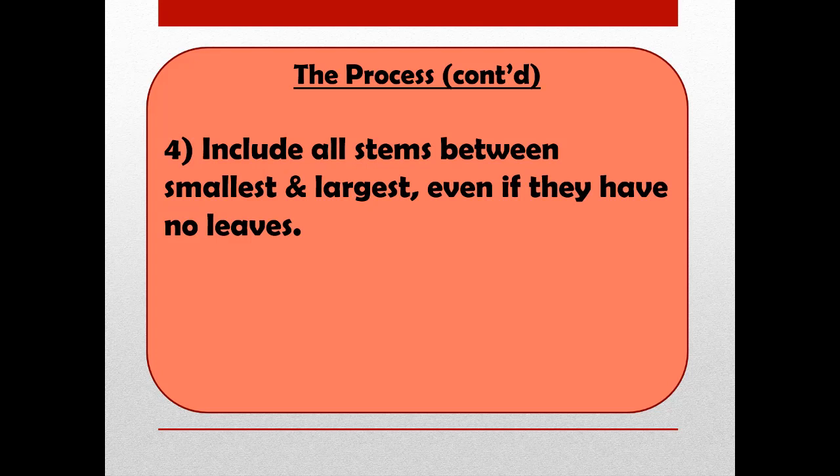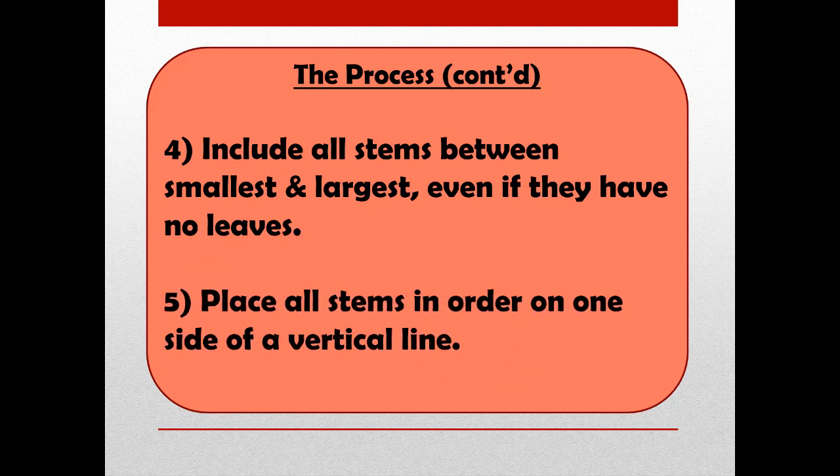All of those numbers, so 11, 12, 13, 14, 15, 16, 17, 18, 19, 20, 21, 22, 23, 24, regardless of whether there's any data values that have those stems. So whatever your smallest stem is and your largest stem is, you're going to write every number between those vertically, even if there are no data values that have those particular stems.